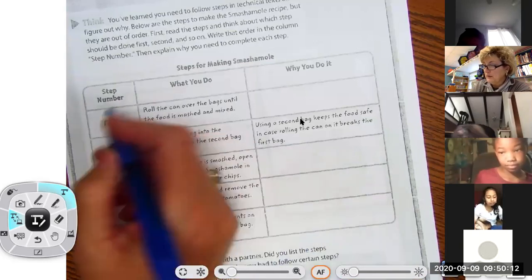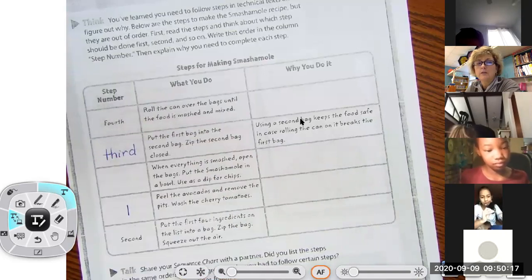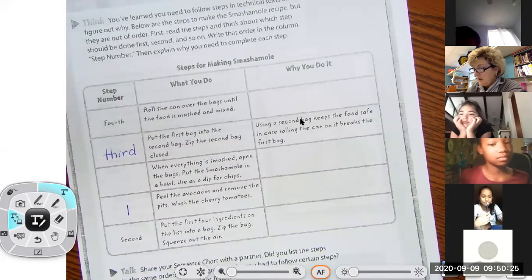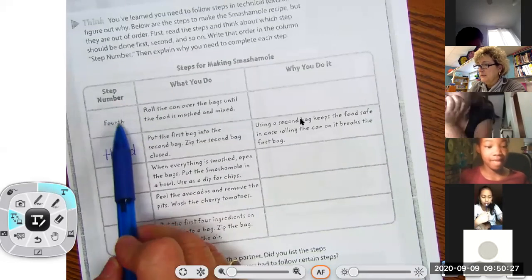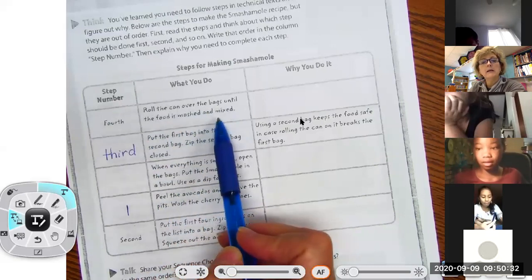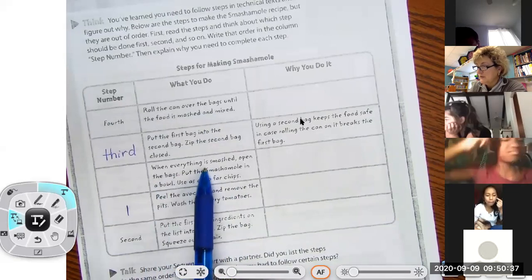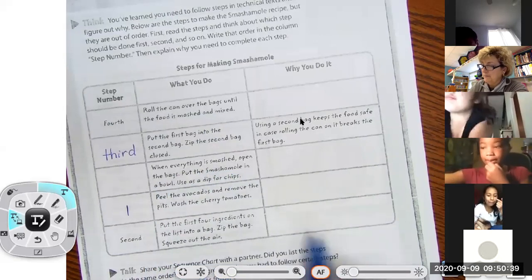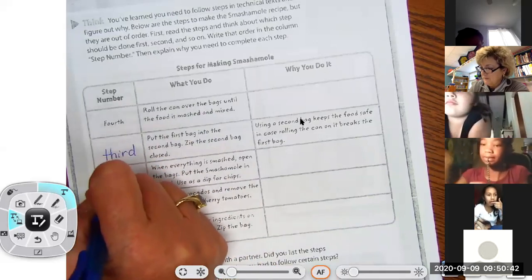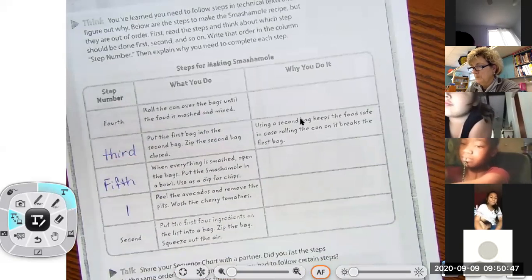Okay, so the third thing we're going to do is put the first bag into the second bag. Then the fourth thing up here says that we're going to roll the can over the bags until the food is smashed and mixed. That means the last thing we're going to do is to open the bag and put it in a bowl. So this is going to be the 5th. Right?